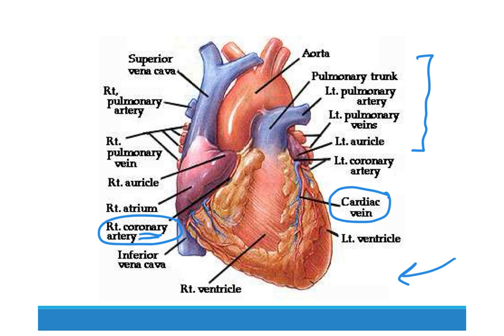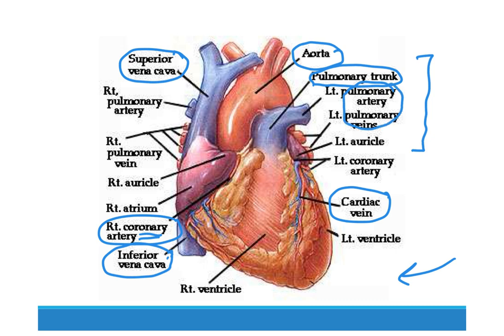The major blood vessels that you're going to be responsible for knowing are the superior vena cava and the inferior vena cava, which are the ones that bring deoxygenated blood from the body cells back to the heart. And then the aorta, which carries oxygenated blood to body cells. And then finally, the pulmonary trunk and the pulmonary arteries and veins, which are carrying blood to and from the lungs.